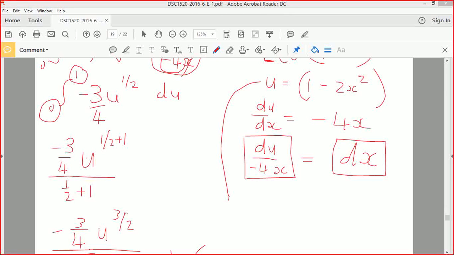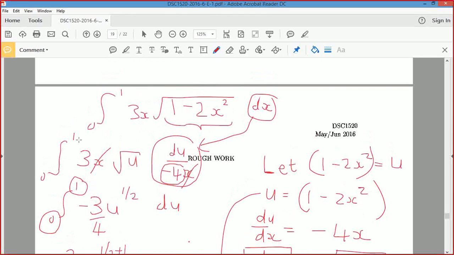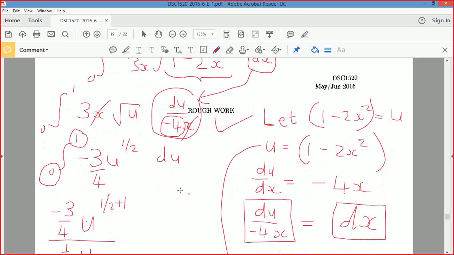Okay, so let's just check the working here. I had this, integral from 0 to 1 of 3x du over 4, that's fine. That one's right. This point here is 3 over 4 u to the 1 over 2, which was the variable. Then we had to substitute in, and that gave me a half to the 1 minus 2x squared.